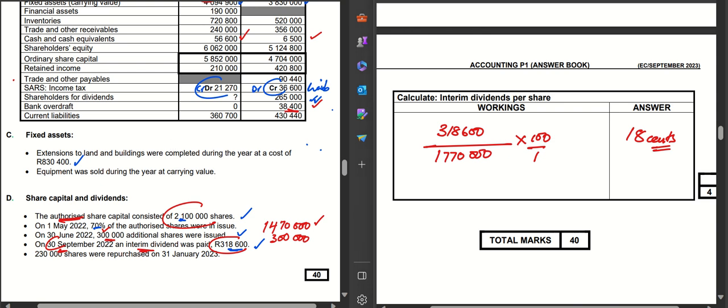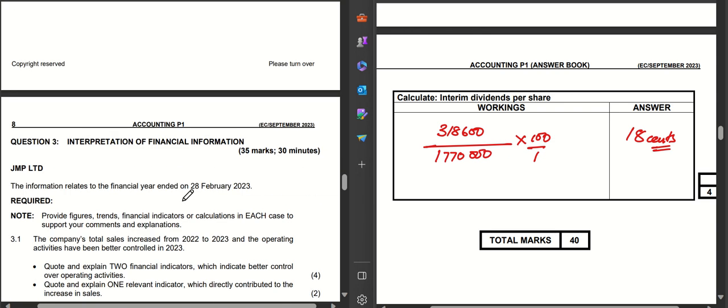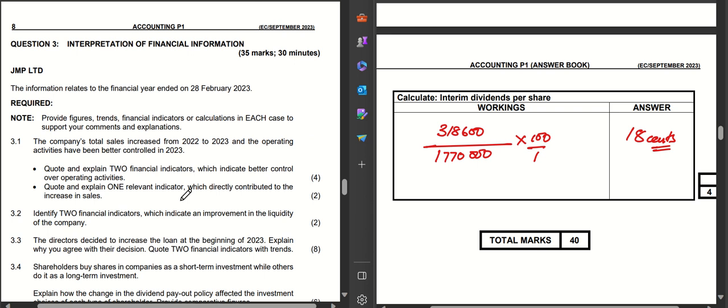All right, let's continue. I'm going to go on to question number 3, which is the interpretation of financial information. Okay, so question 3.1 says the company's total sales has increased from 2022 to 2023, and operating activities have been better controlled. Now it says quote and explain 2 financial indicators which indicate better control over operating activities.